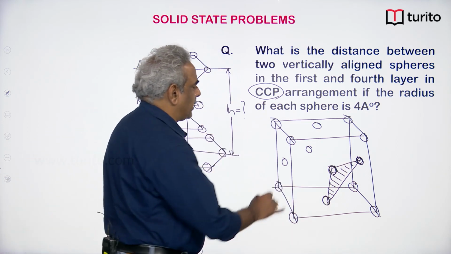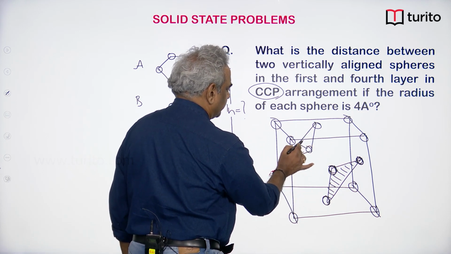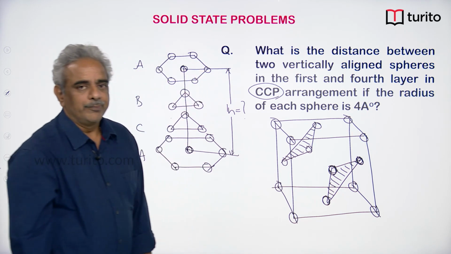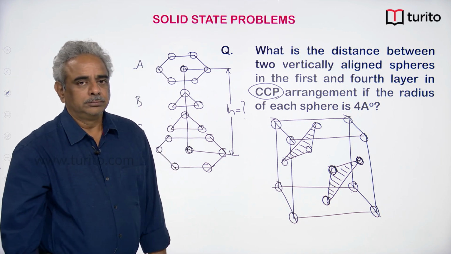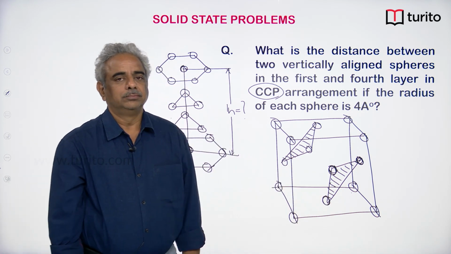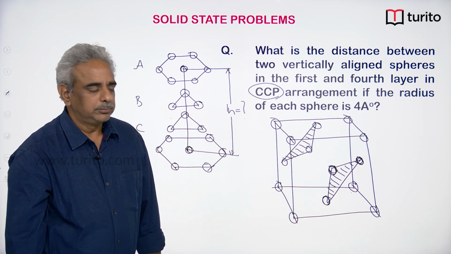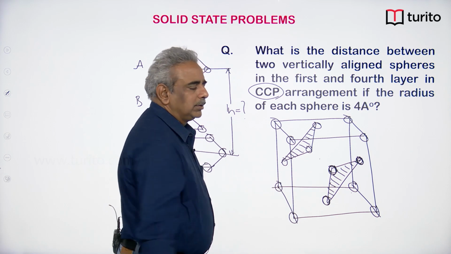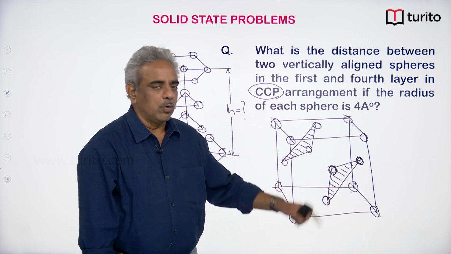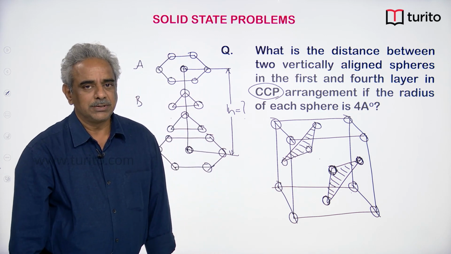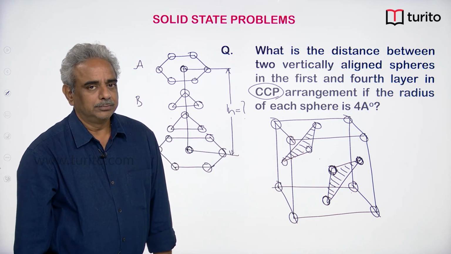And the top sphere, back sphere and left face sphere also are in contact. What is present here is the tetrahedral void between those three spheres and the corner sphere. And what is this place? It is a space sandwiched between two oppositely oriented triangular layers. And next to that again you have one tetrahedral void.